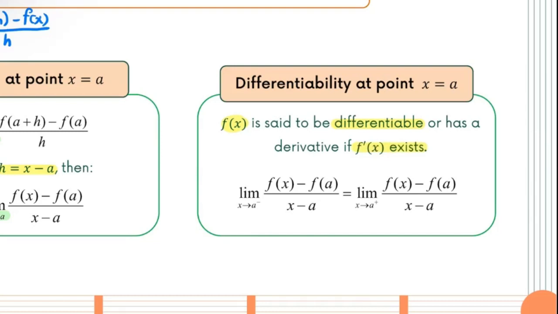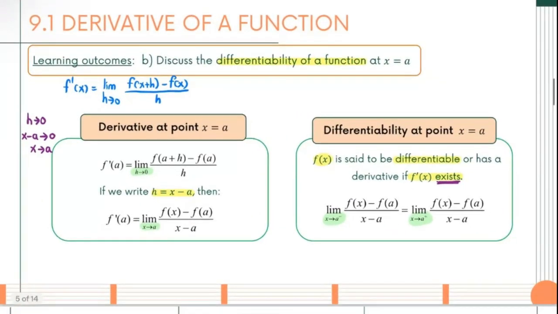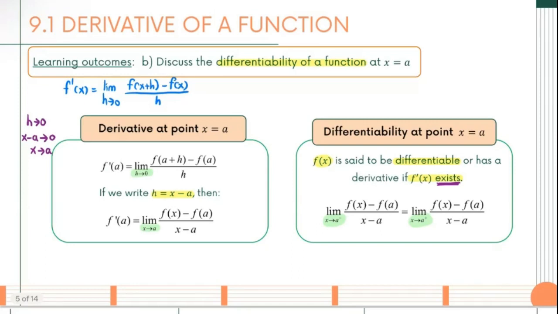So bila dia guna perkataan exist, maksudnya kita perlu check the value daripada arah kiri dan juga daripada arah kanan of this formula. So kalau kita dapat value kiri dengan kanan dia ada value yang sama, so therefore the fx is differentiable at x equals to a. So itu maksud ayat dia lah.